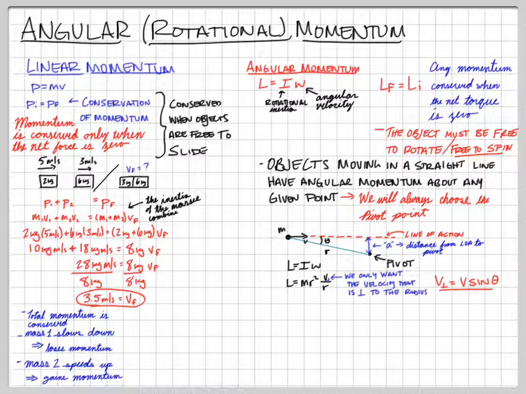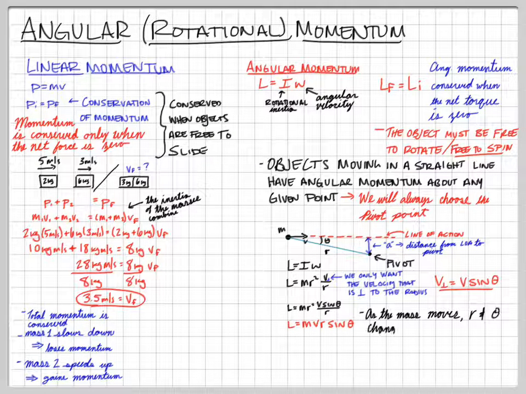So let's put that into our equation. Let's see what's going on. So L equals m v r sine theta over r. We can clean that up a little bit, eliminate one of the r's. So now we have L equals m v r sine of theta.